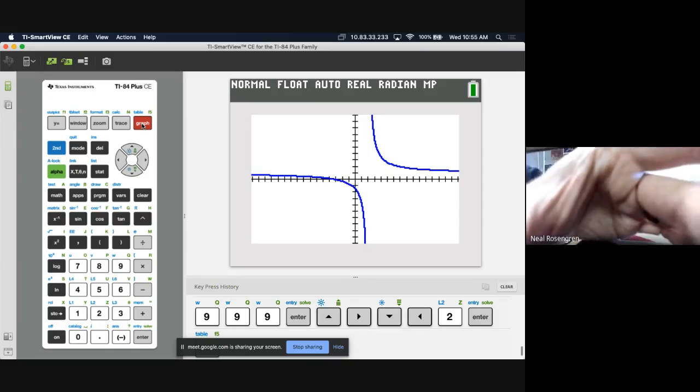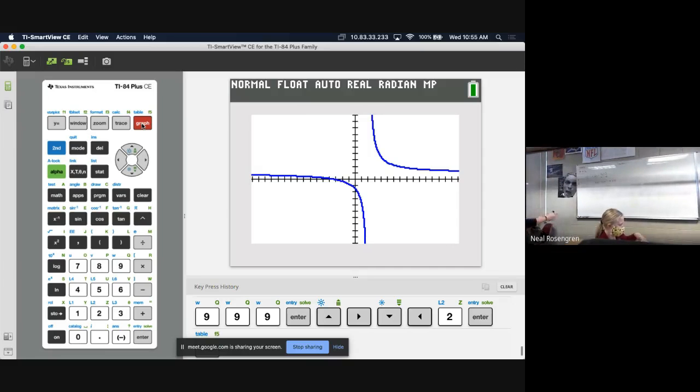But if I want to write down the equation for the vertical asymptote, which I will probably never write out in full words again, I will always just say VA. That is the equation of the line, that dotted line at that spot. The equation of that line is x equals 2.